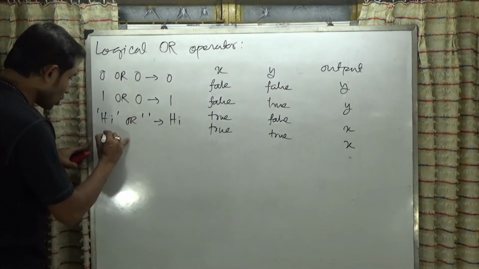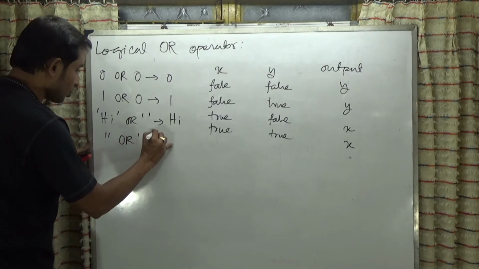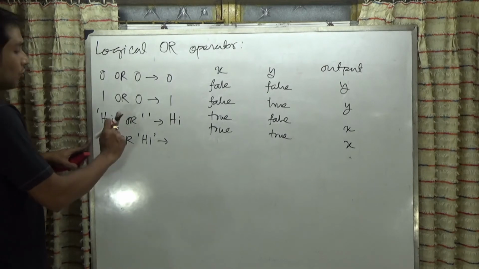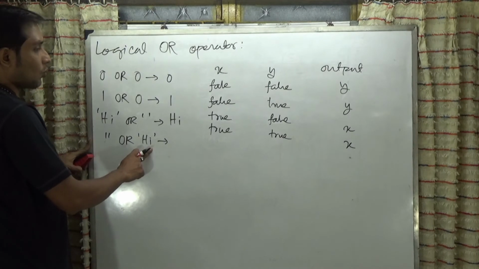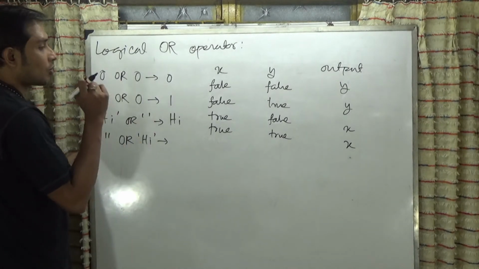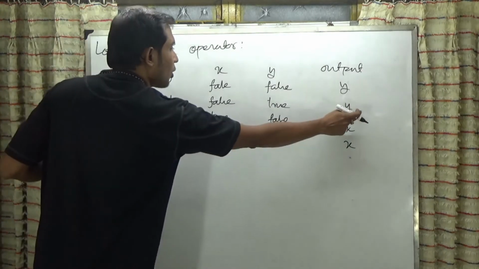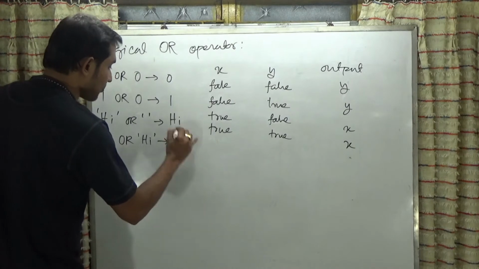And if I check the truth value with this or, and I just reverse it, then the truth value of x becomes false, and the truth value of y, that is 'hi', is true, so false true, so the output is y, so it returns 'hi'.